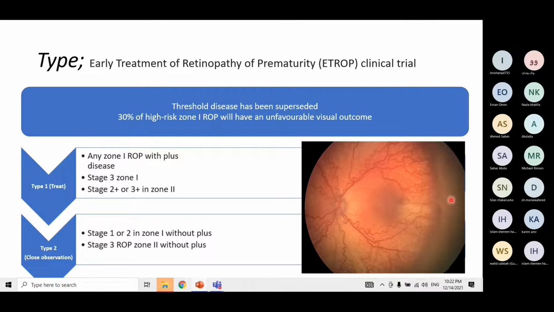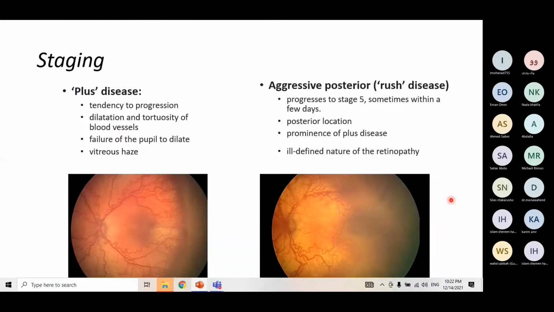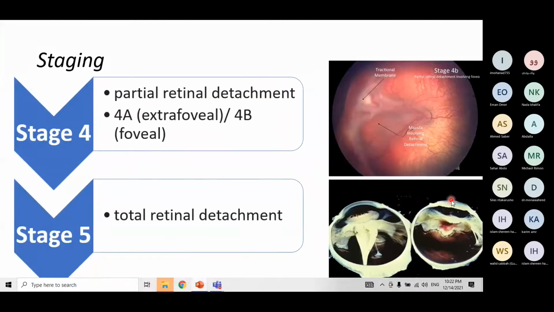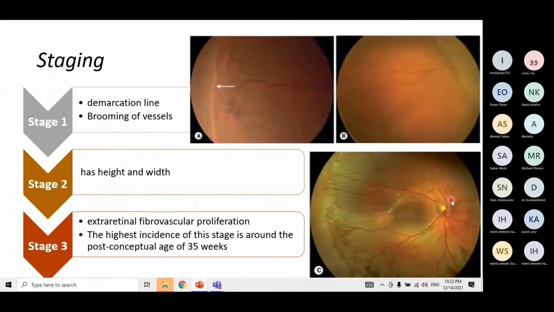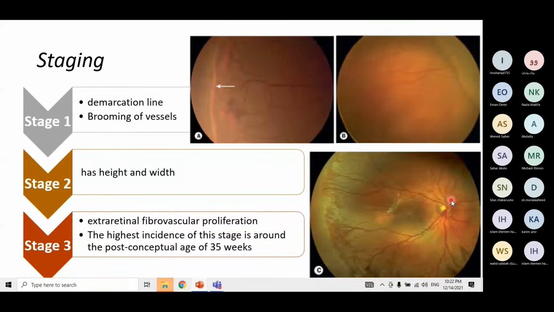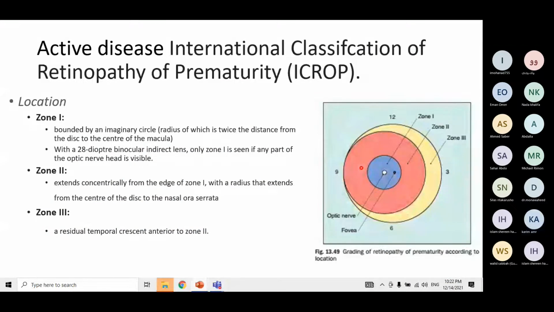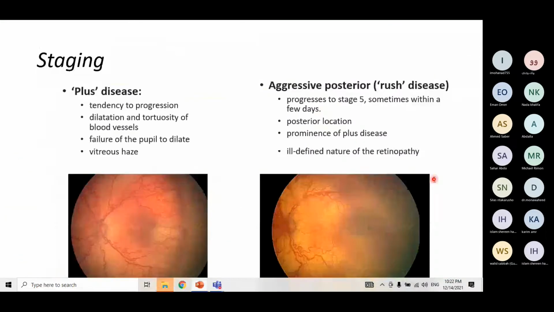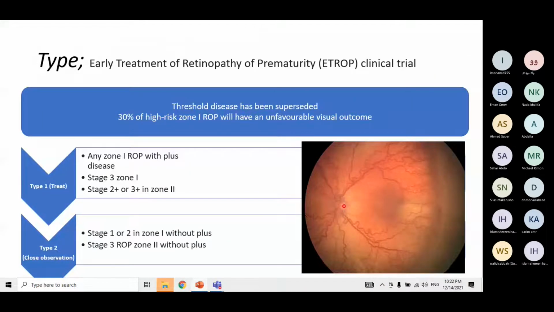Here, this is double the distance. This is zone 1. Zone 3 is the very, very far peripheral. Disc, fovea, and this is double the distance. So it's still zone 1. So it's plus disease in zone 1 with stage 2. If you look, it's indicated for treatment.